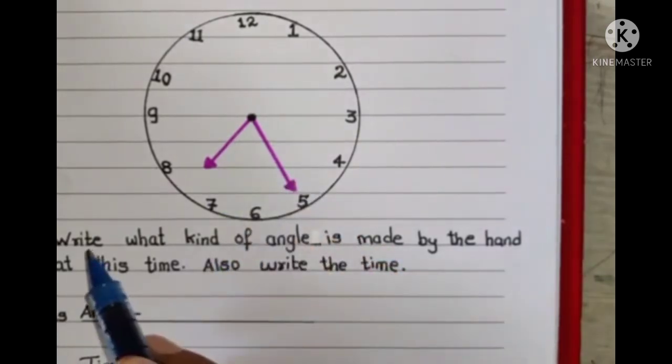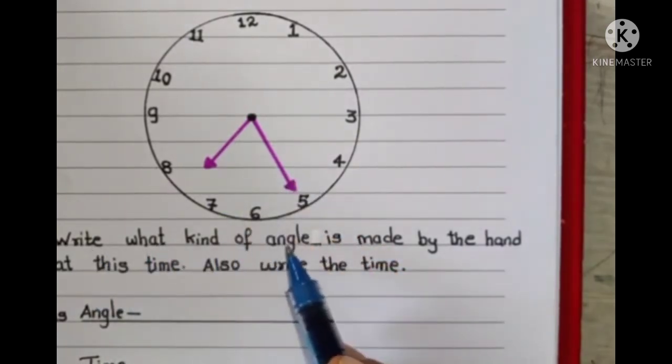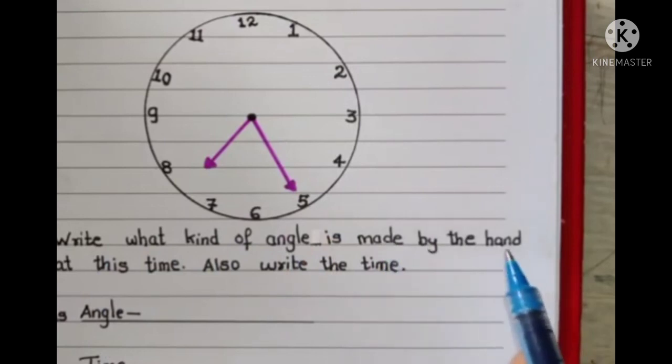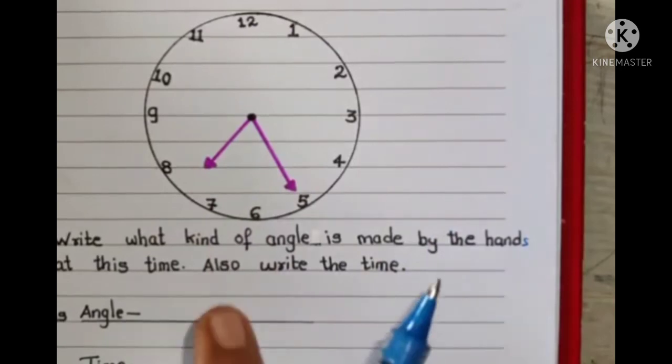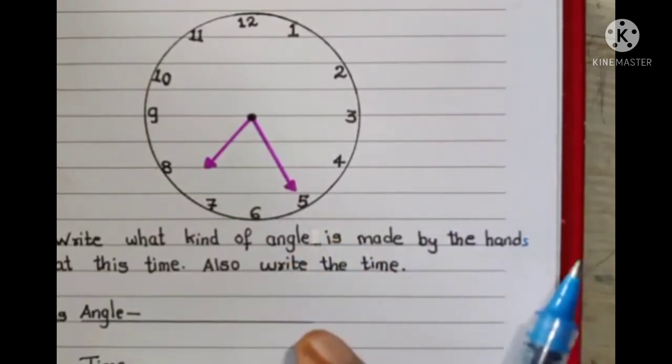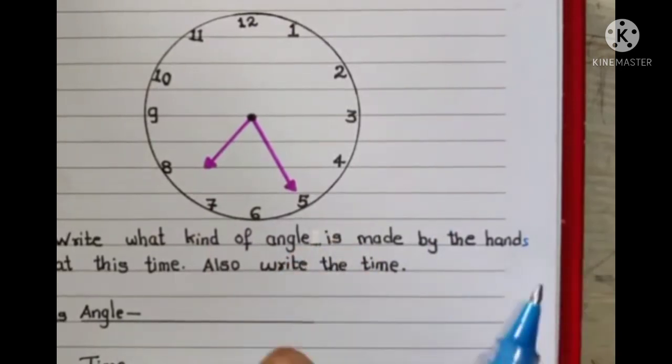So here it is written, write what kind of angle is made by the hands at this time. As the time changes, even the angle changes. It may be 90 degree, it may be more than 90, that is obtuse, it may be less than 90, that is acute. So you have to identify that.